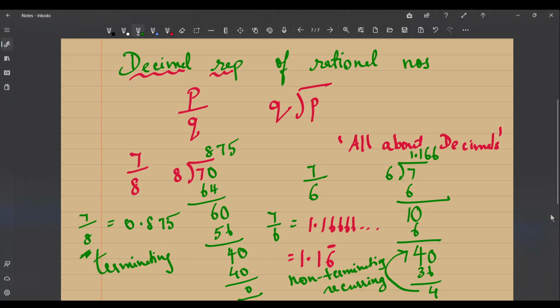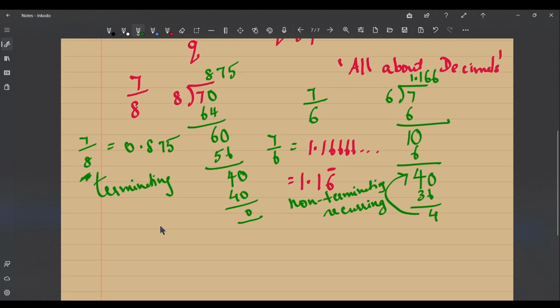Now let's see one more example. Let us look at this rational number 1 by 999. So how will we divide this? We have 1 and you divide it by 999. So of course place a decimal because 1 is much lesser than 999. Add a 0, not enough. Add one more 0, not enough.